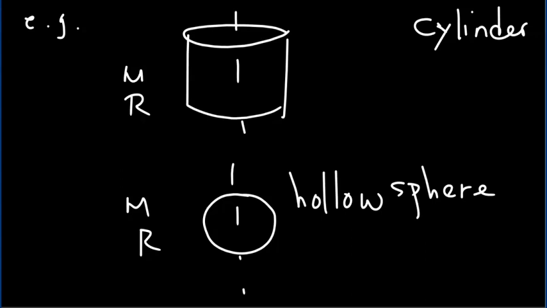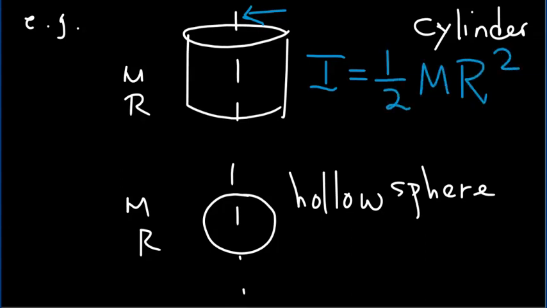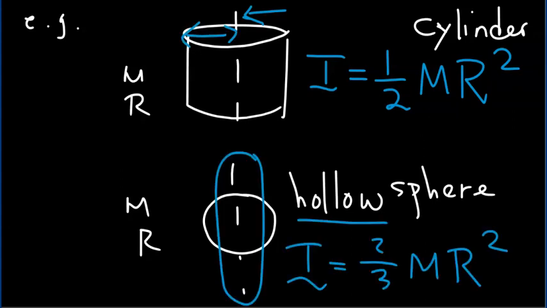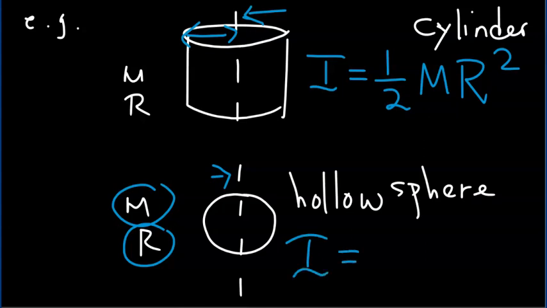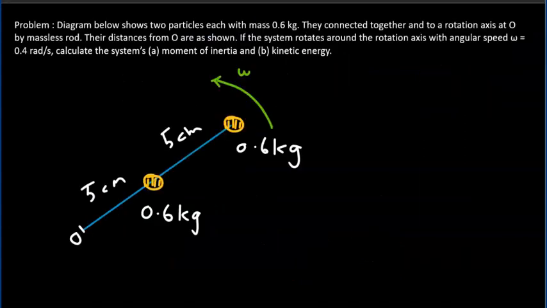If instead you have a cylinder whose axis of rotation is that line right there going through the middle of the cylinder, the moment of inertia for such a cylinder is given by half times the mass times the square of the radius of the cylinder, radius being this length right there. Or for a hollow sphere with axis of rotation going through the center, shown there with mass m and radius r, the moment of inertia for such a hollow sphere is given by 2/3 times mass times the square of the radius.